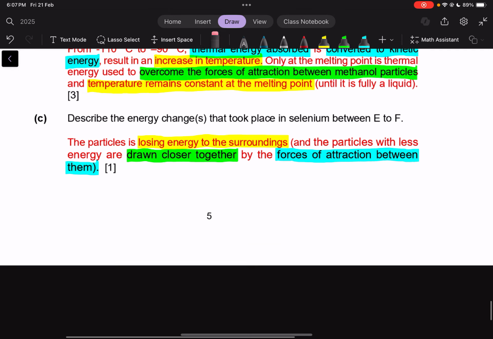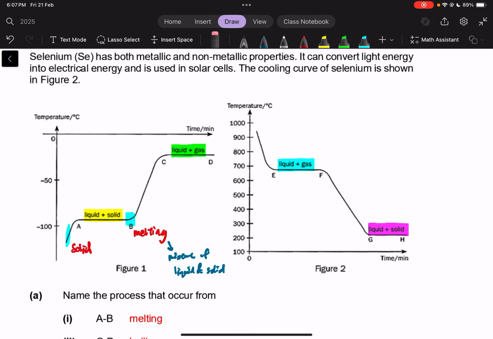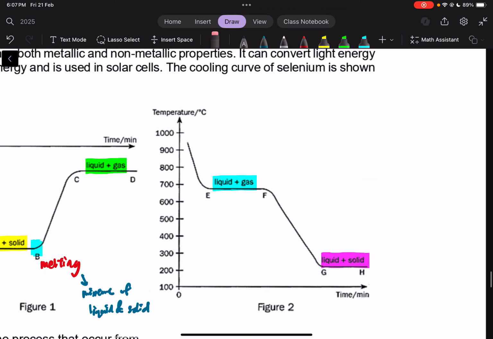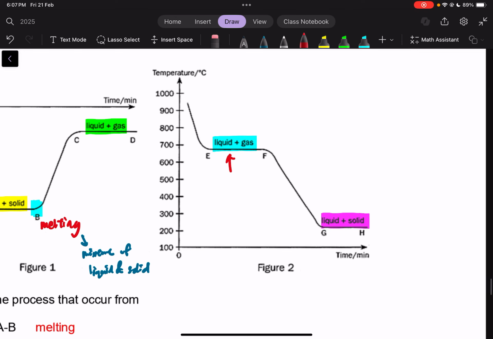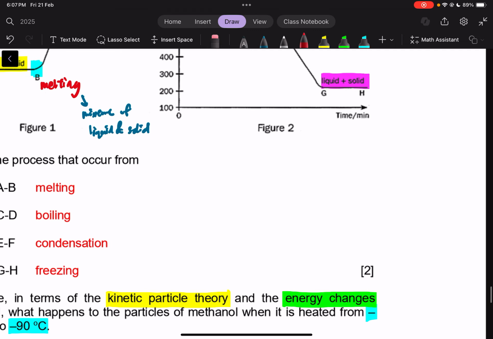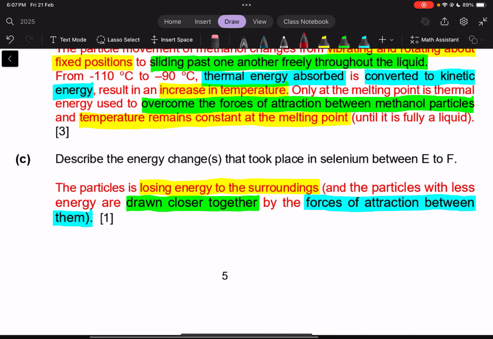Then for E to F, I'm referring to this curve here. As we can see, this is a change in state. So this should be what we call condensation. Condensation is when a gas turns into a liquid.